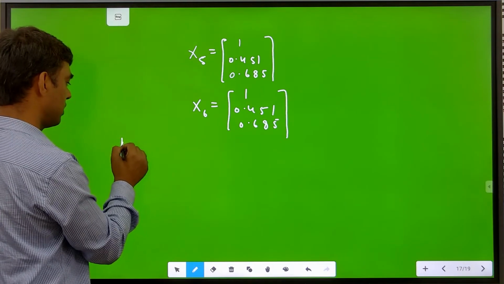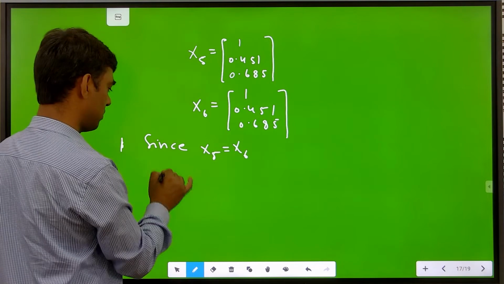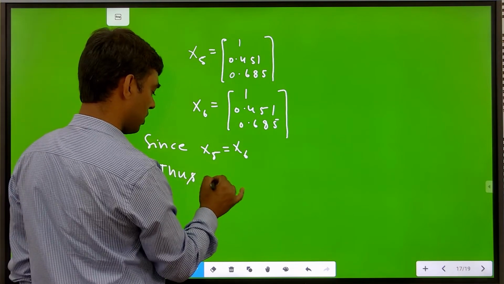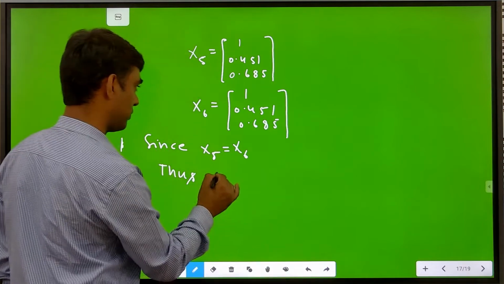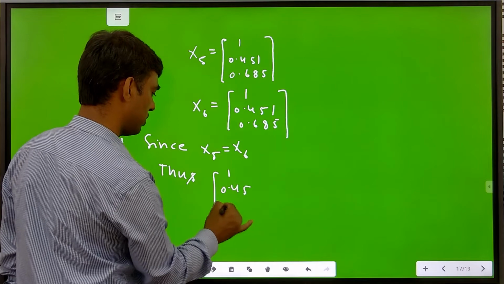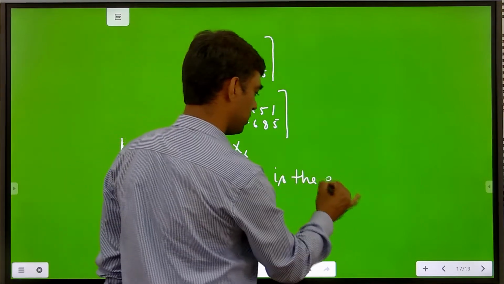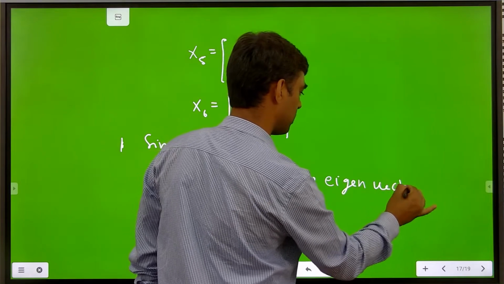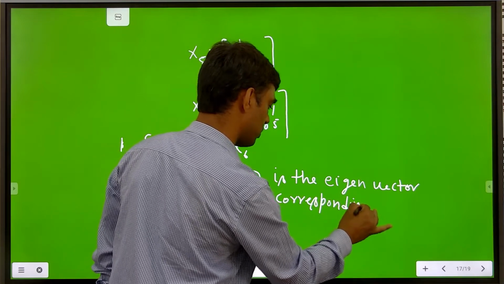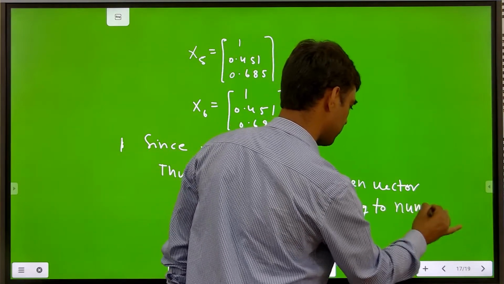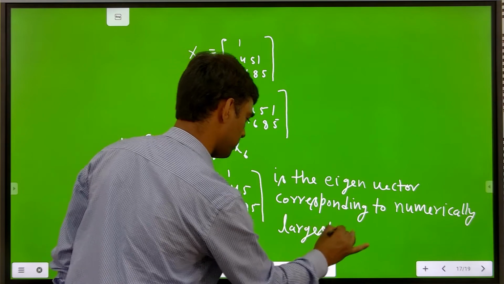Thus, since x5 equals x6, the vector 1, 0.451, 0.685 is the eigenvector corresponding to the numerically largest eigenvalue.